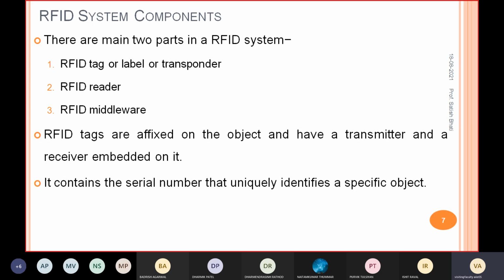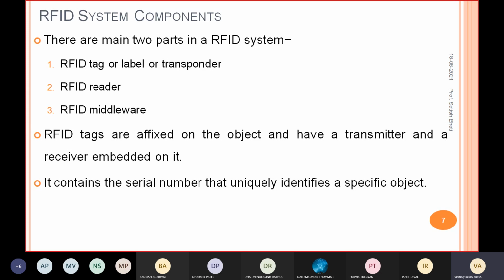The RFID tags are affixed on the object and have a transmitter and a receiver embedded in them, right? Like a barcode or QR code, you only have the information, but in an RFID tag, the transmitter and receiver are embedded in the tag itself, right? So you can say an RFID tag is a kind of electronic circuit. It has a transmitter and receiver, so it has a kind of antenna.